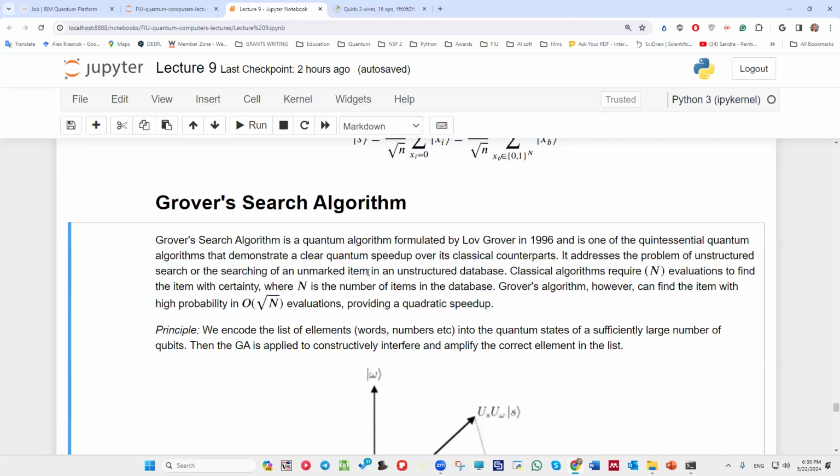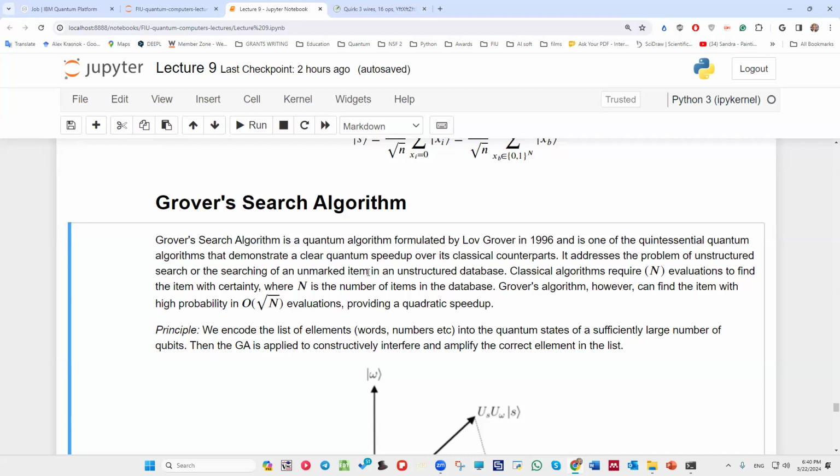Or instead of 10 to the power of 4, 10,000 elements, you will need to call just 100 times. So for a list with a small number of elements, the algorithm is useless, right? Because n and the square root of n are not that much different.